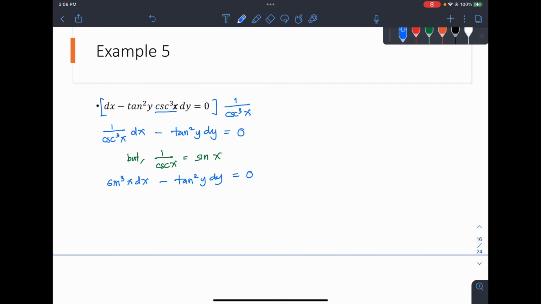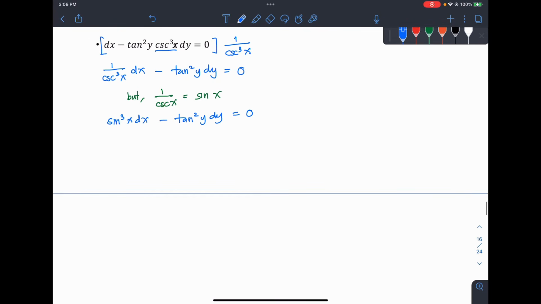Okay, so sine cube, we have an odd exponent. So what we will do here is separate them into 2. So I'll do a sine squared x and a product of sine x dx. We separate it as sine squared and sine x. And then for tangent squared, we don't have an integral for tangent squared, but there is an identity.